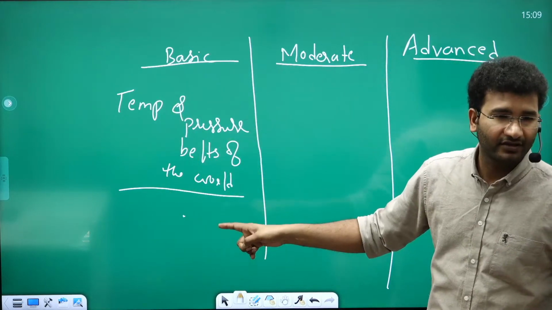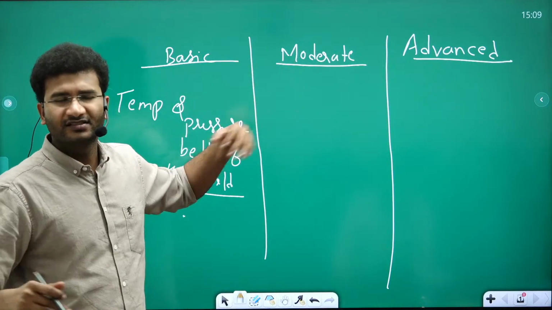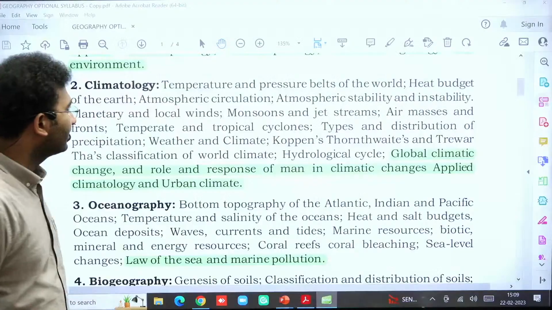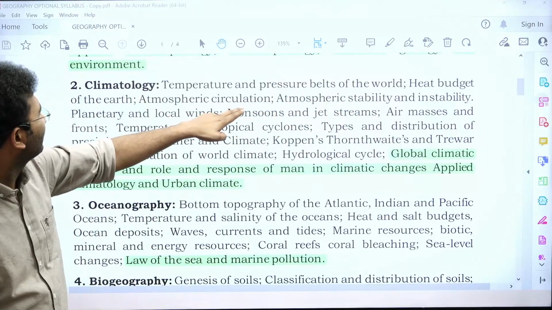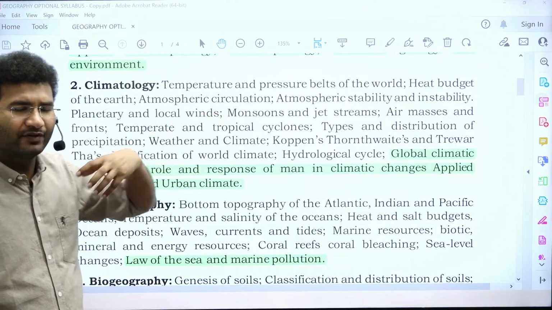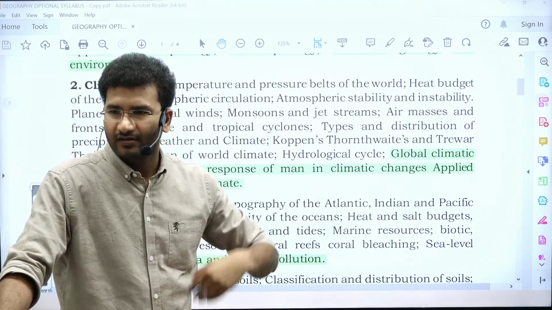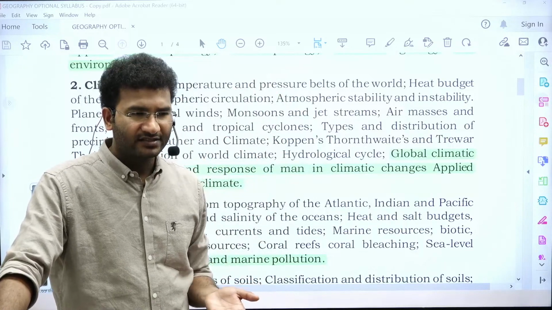Application of this with some forces will lead to the moderate level, that is circulation. The next topic is nothing but atmospheric stability, instability, and atmospheric circulation. Atmospheric circulation means how the winds move across the places. Is it easterlies, westerlies? Why are the winds moving in this direction?